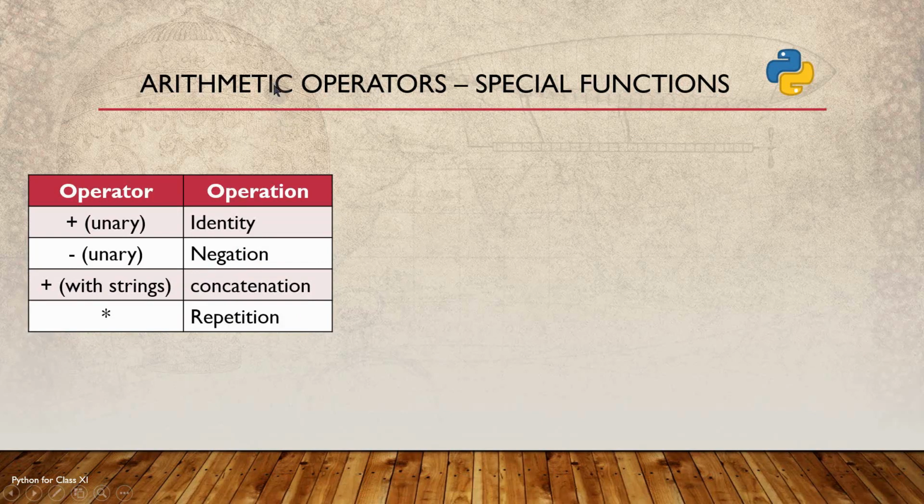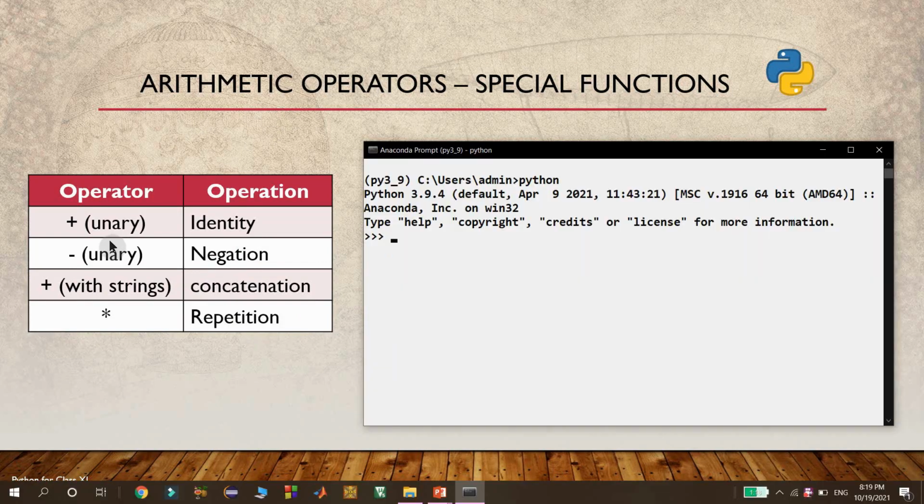Now I am going to consider the special functions of various arithmetic operators. First I am considering the unary plus and unary minus operators. Unary plus can be considered the identity operator, and unary minus can be considered the negation operator. To explain these operators, I am considering two variables, variable A, which has the value 6, and variable B, and I am assigning the value -4.